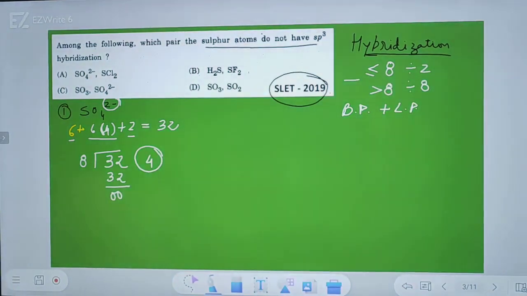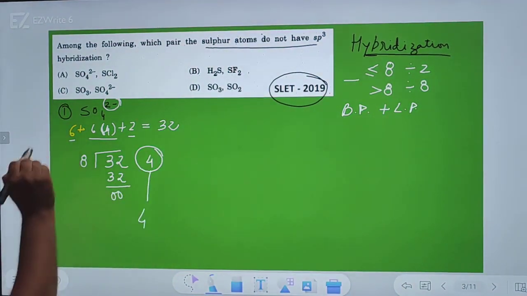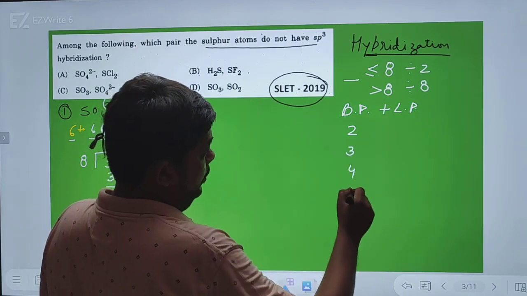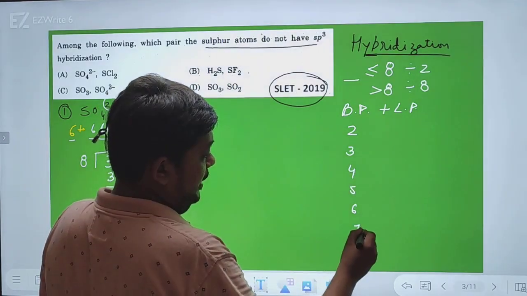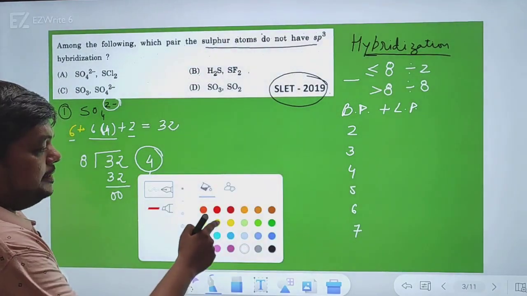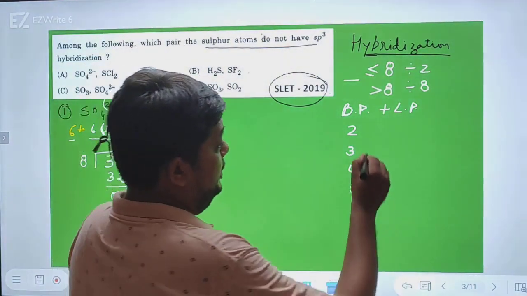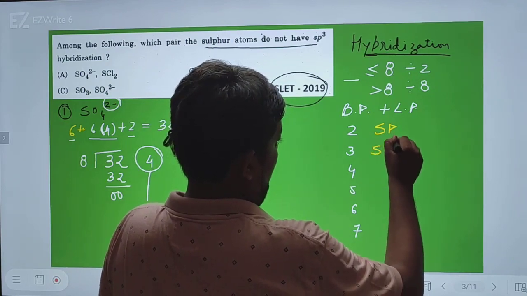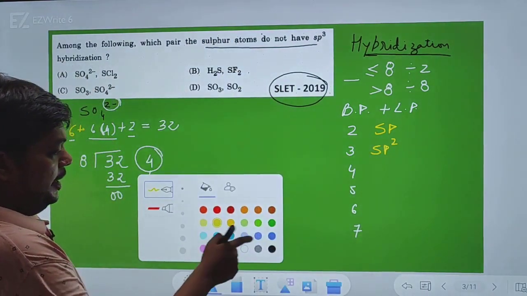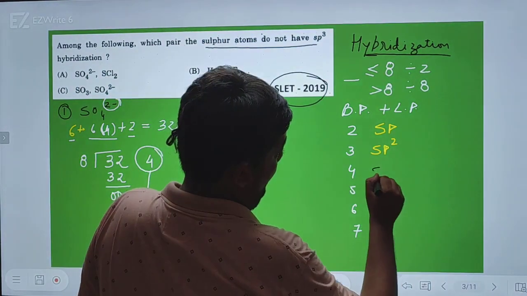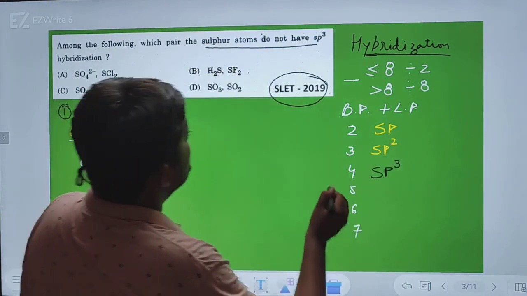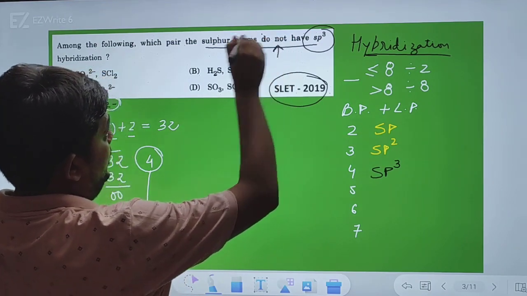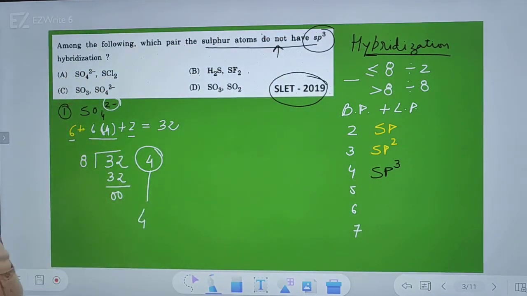And remember, if the total comes out to be 2, 3, 4, 5, 6 and 7, surprisingly your answers will be sp, sp2, as of now sp3. We have to find do not have sp3, but SO4 2 minus has sp3.